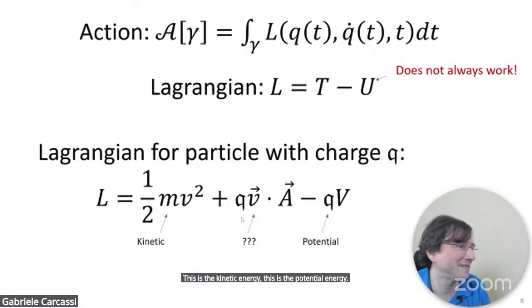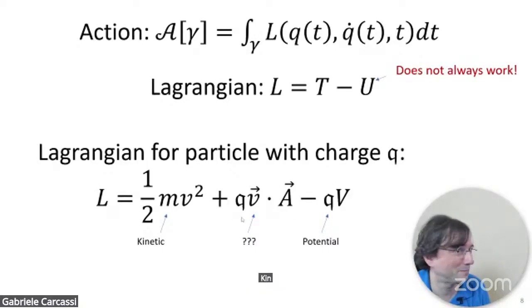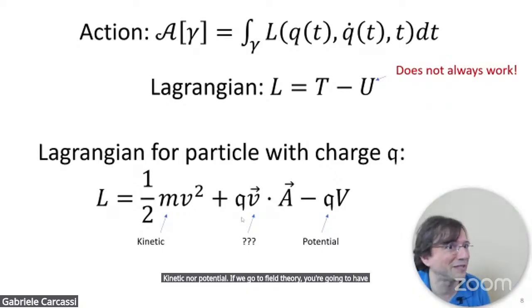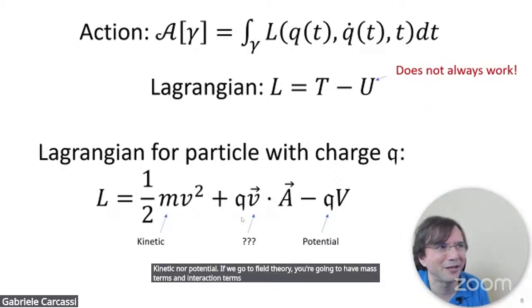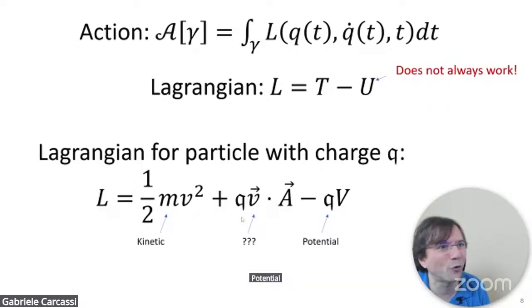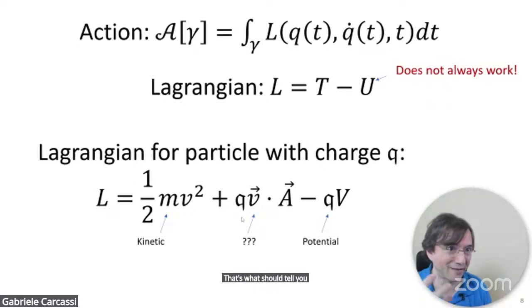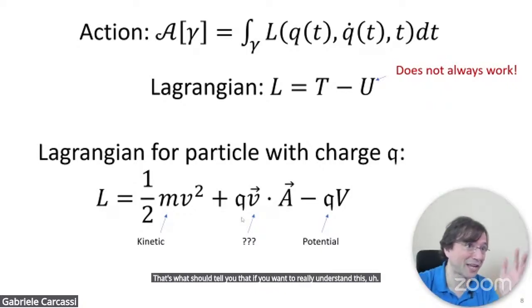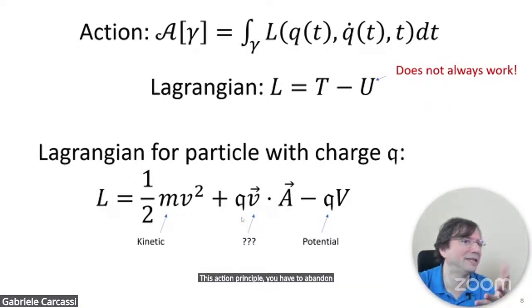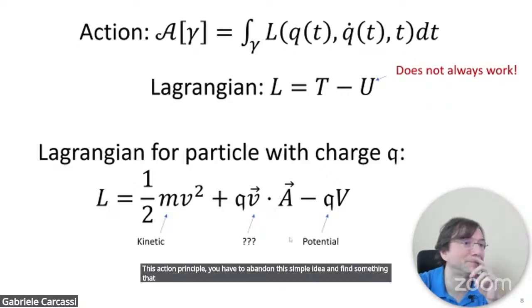This part is neither kinetic nor potential. If we go to field theory, you're going to have mass terms and interaction terms. Are those potential or kinetic? This idea is sort of ill-defined. That's what should tell you that if you want to really understand this action principle, you have to abandon this simple idea and find something that works more in general.